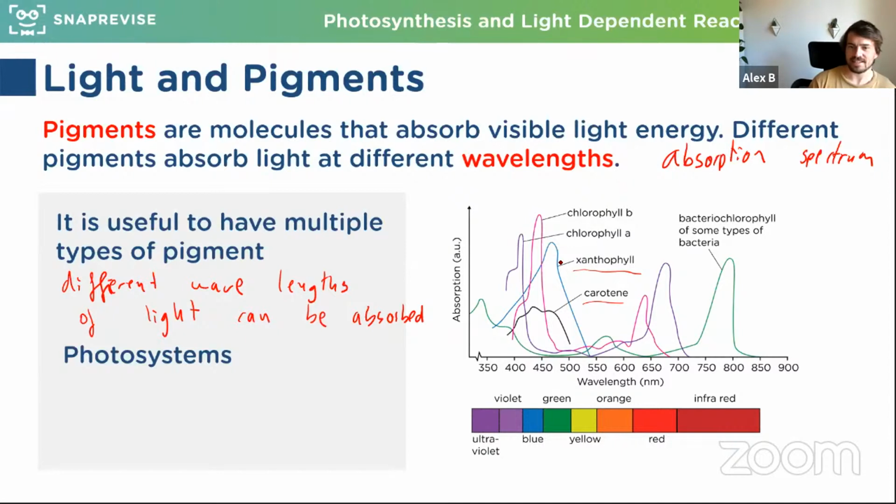It's actually bluey green, but it's not that obvious from the graph. Maybe that one's not drawn that well, but carotene is more accurate. Carotene absorbs blue, purple, green colors. Therefore, we see carotene as an orangey sort of red color, hence the name. It's also the pigment found in carrots.